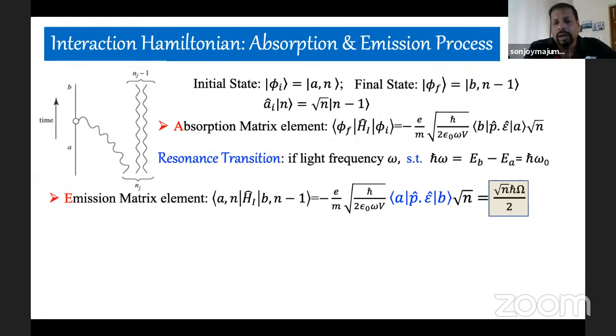Whatever quantity you get for the matrix element will be in terms of corrections to the energies, because these are Hamiltonian terms.